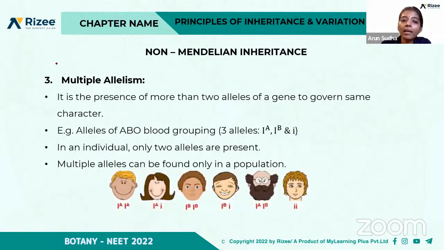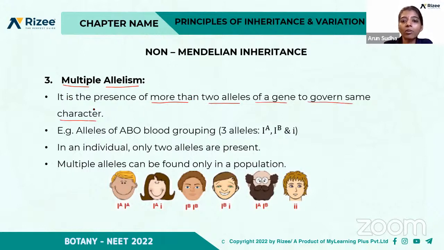The next non-Mendelian inheritance is multiple allelism. The ABO blood grouping is also an example of multiple allelism. What do we mean by multiple allelism? It is the presence of more than 2 alleles of a gene to govern a character.